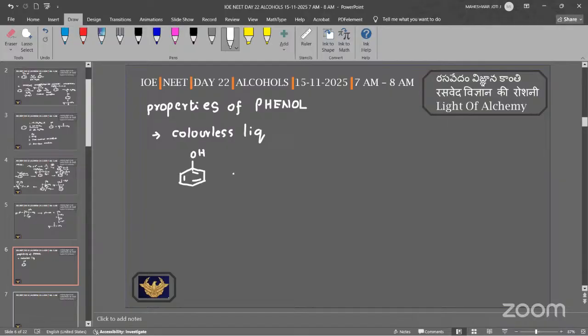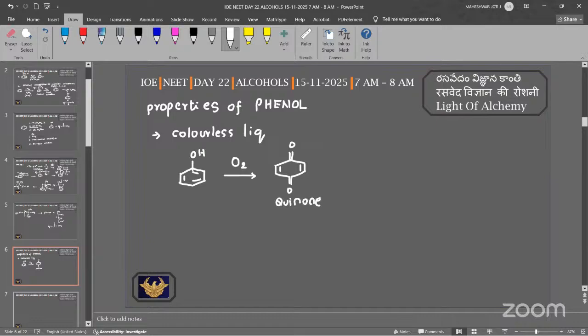See, phenol undergoes oxidation with atmospheric oxygen. This is quinone.